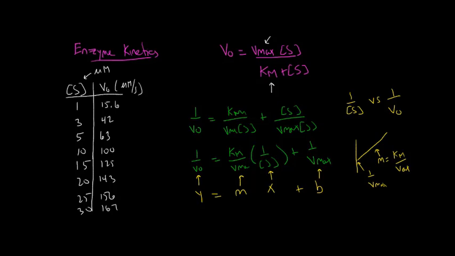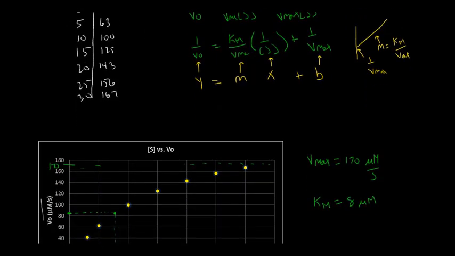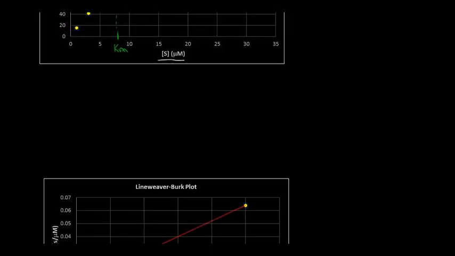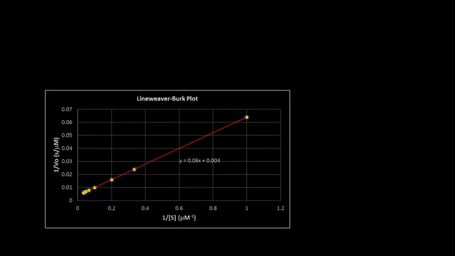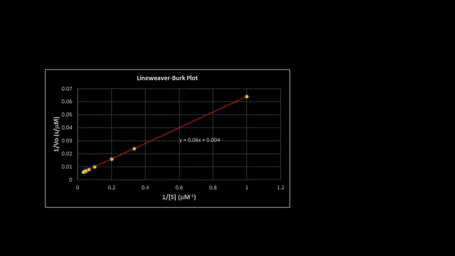So let's try this. I went ahead and plotted the inverse of all of these values. Let's scroll down here. And what we see is this really nice linear relationship where we have y equals mx plus b plotted. If you don't know how to do these plots, there will be a subsequent video that walks you through how to do these.